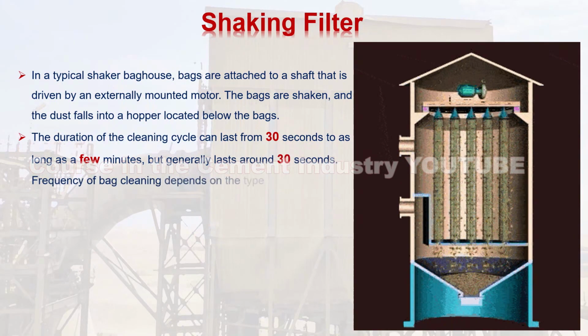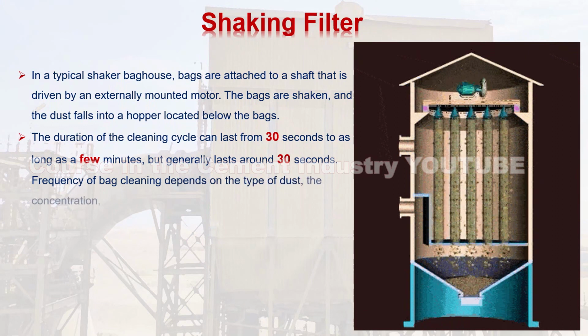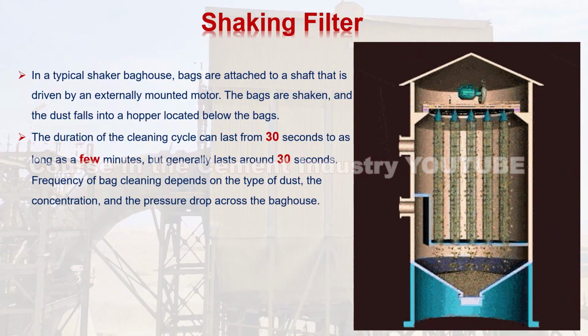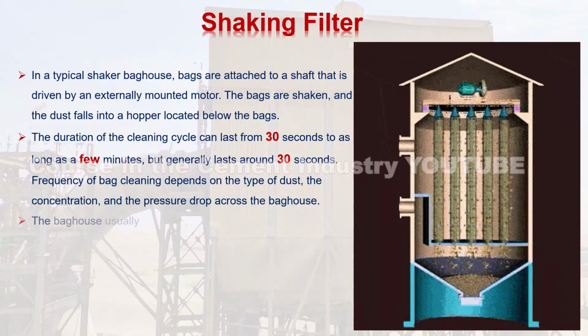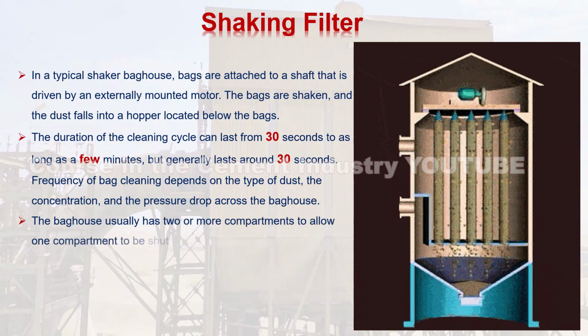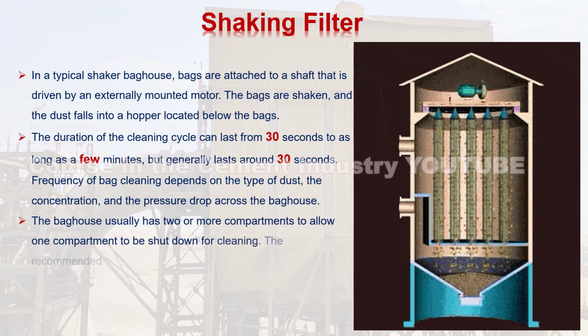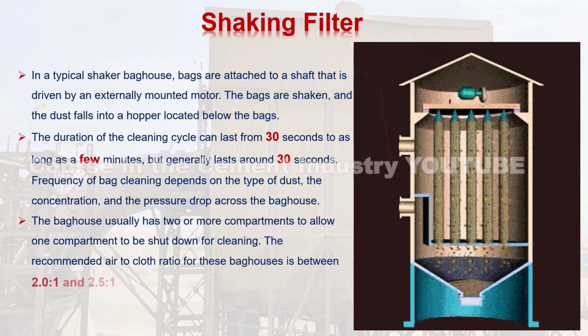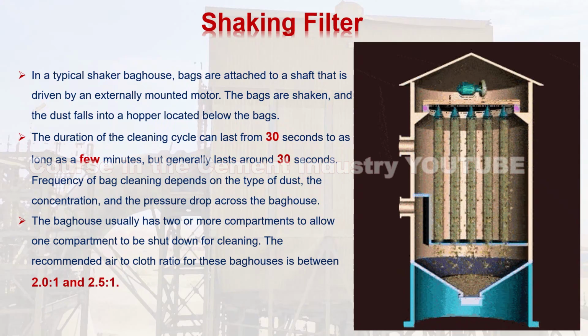Frequency of bag cleaning depends on the type of dust, the concentration, and the pressure drop across the bag house. The bag house usually has 2 or more compartments, to allow one compartment to be shut down for cleaning. The recommended air-to-cloth ratio for these bag houses is between 2 to 1 and 2.5 to 1.